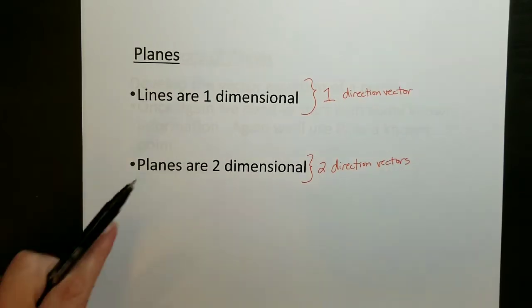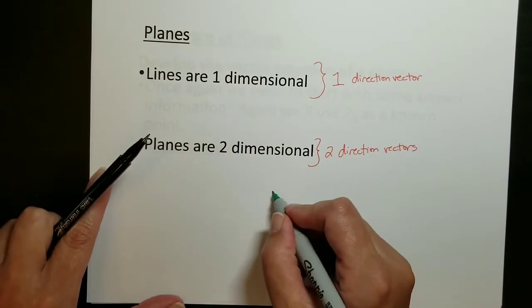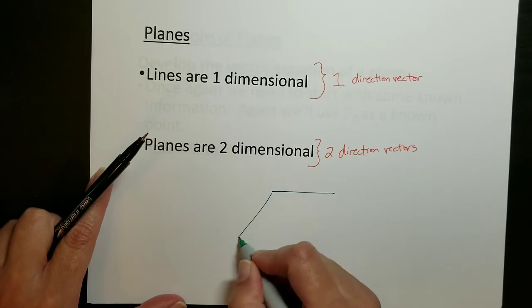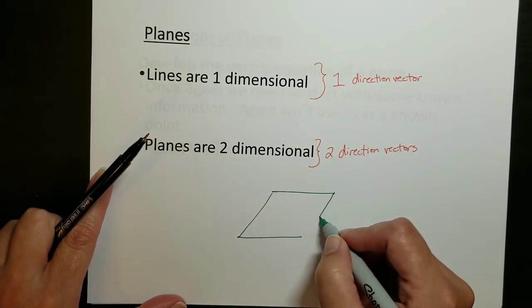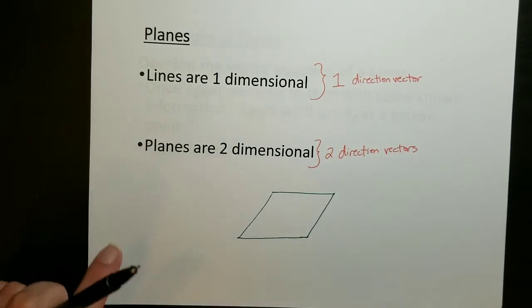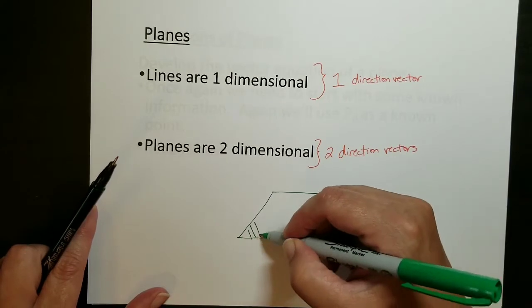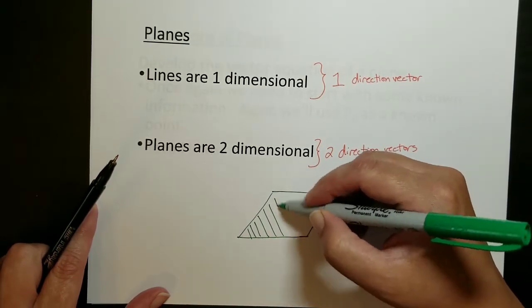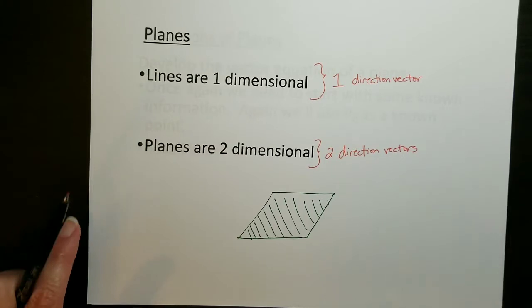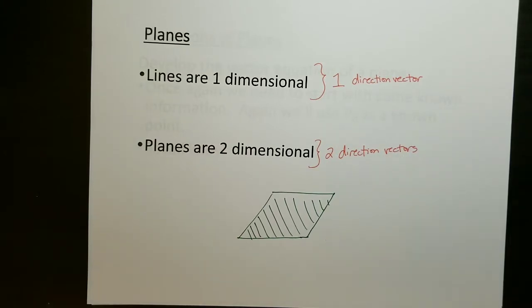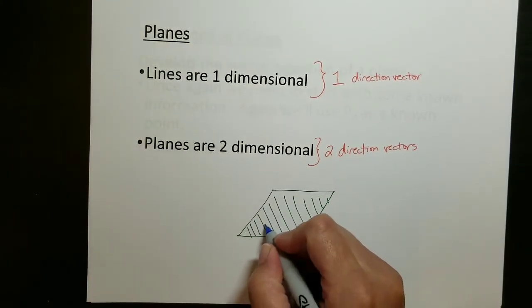So for our plane, we're going to need two vectors that are going to form the basis of a plane. And we have talked about that earlier. Remember that those could not be collinear, and any two non-collinear vectors would form the basis for a plane.